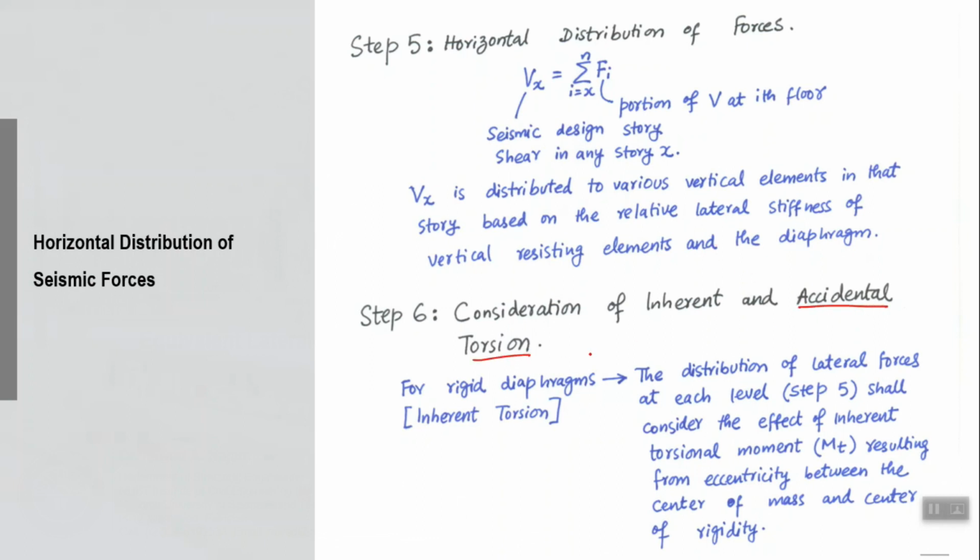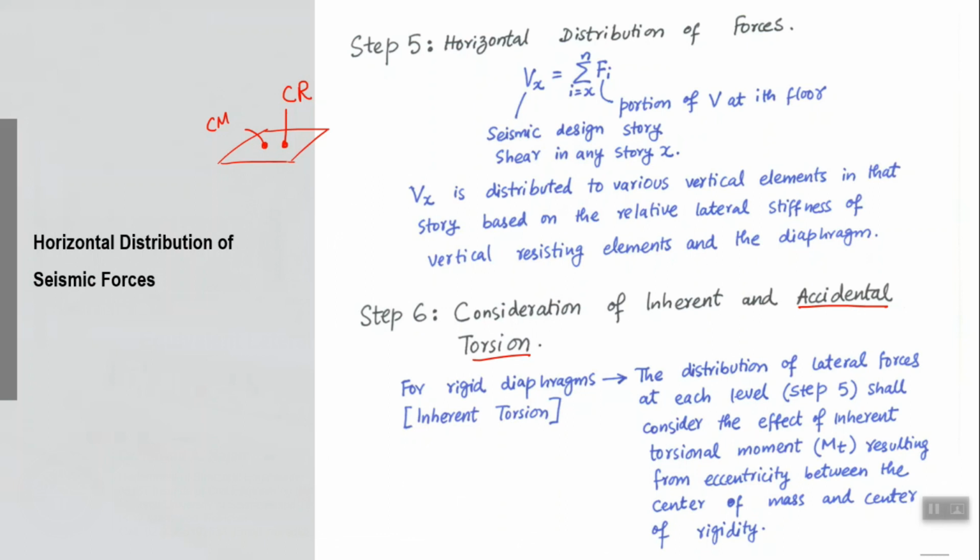First, inherent torsion. If there is, for example, a rigid diaphragm option you used, this is your rigid diaphragm, and if there is an eccentricity, which means some difference in the location of center of mass and center of rigidity, which means the whole resistance of your diaphragm is concentrated at another location, and the whole mass is concentrated at another location.